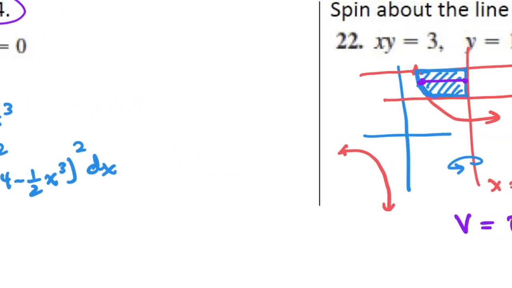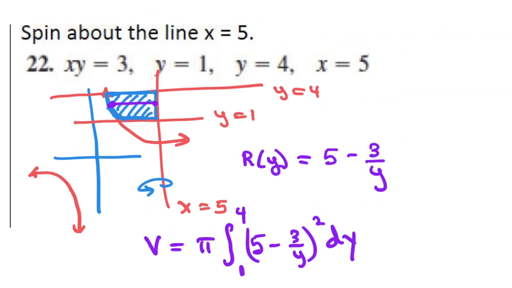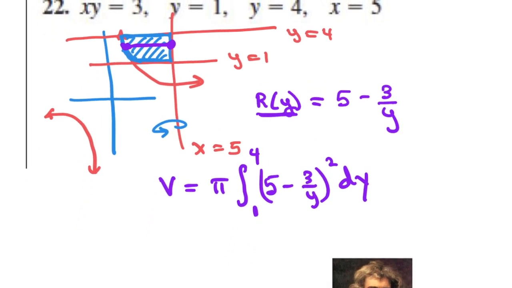You do not have an inner radius to subtract off. For 22, be very careful when you find the region that you are trying to spin about the line x equals 5. When you draw, make certain the radius is drawn from the axis of revolution to the outer edge. You see that the radius is with respect to y, and you're going to get a 5 minus 3 over y.